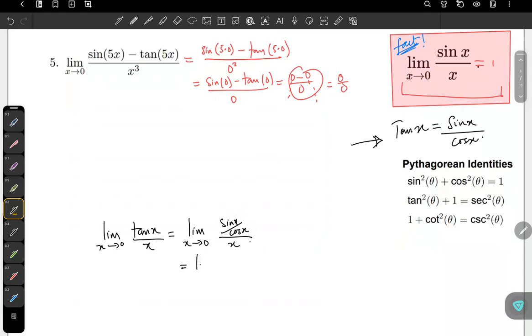And this is the same thing as the limit as x approaches 0 of sine x over x times 1 over cos x, since the x and cos x can switch places.